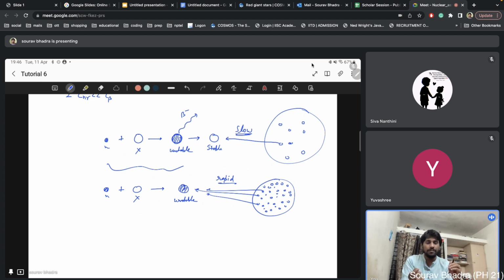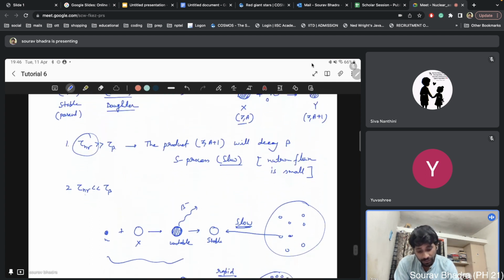At a later time the neutron flux will be exhausted, then it will go through the beta decay, when it can get time to do that. So that beta decay will happen at the last stage. While in the S process the beta decay is happening in each step, in the R process the beta decay will happen at the last, after the neutron flux is exhausted. Okay, so that is the main difference between the slow process and the rapid process.